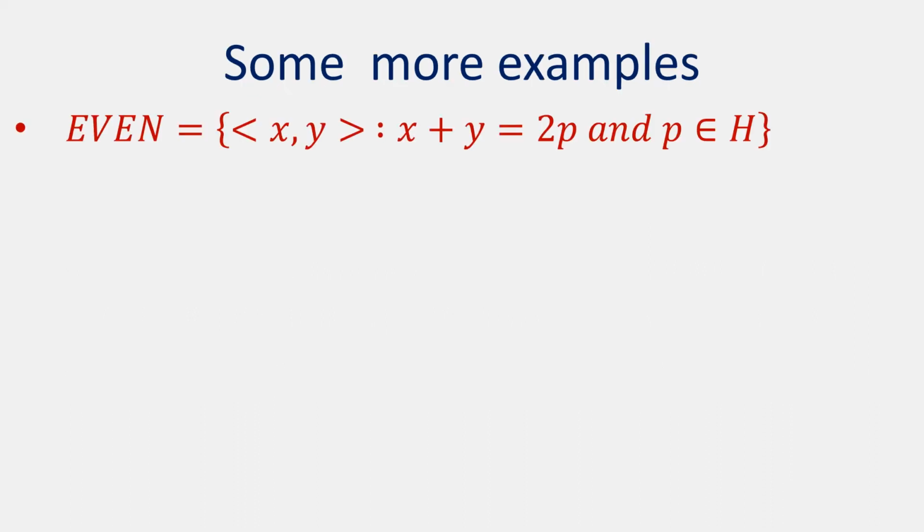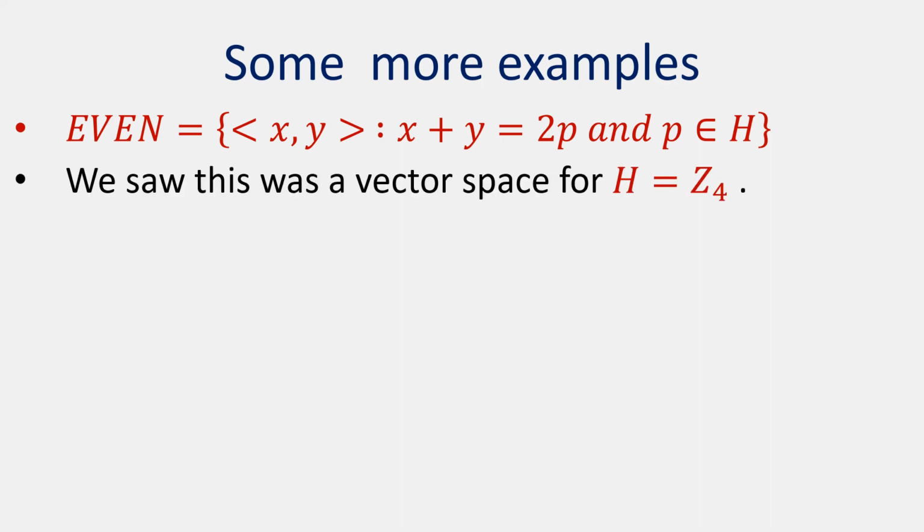So here are some more examples of this. Suppose we return to this object that we considered earlier, the set of two vectors which, when we add their components, give an even integer. We saw that that was a vector space, for instance, with the collection of integers and arithmetic modulo 4.